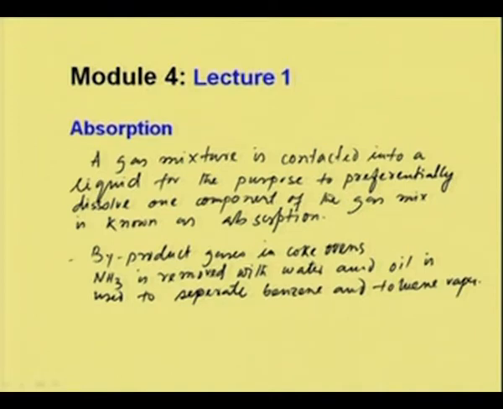Another example is that we remove hydrogen sulfide, H2S, which is very much objectionable, from natural gas by using alkaline solution.